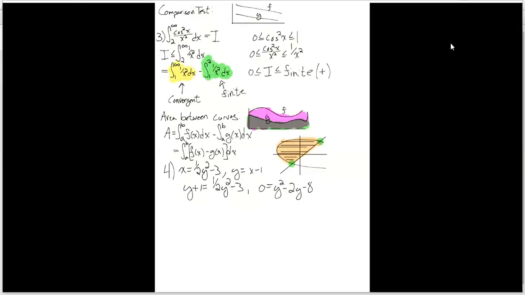We got y squared minus 2y minus 8. Factor this guy. This actually factors pretty nicely. It's y minus 4 and y plus 2. What this means is that y is equal to -2 and 4. So the y-coordinates of these green dots is -2 and 4. So that's all we need to start our integral here.